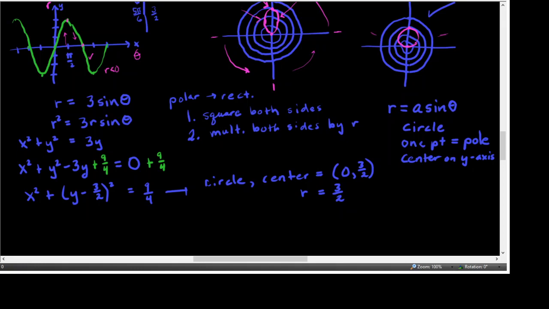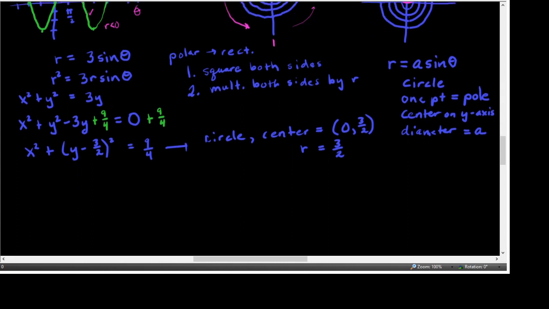Its diameter. So the diameter of that circle, not the radius, is a. So that's kind of a nice thing to know. So if you see something that asks you to graph r equals 5 sine theta, piece of cake.